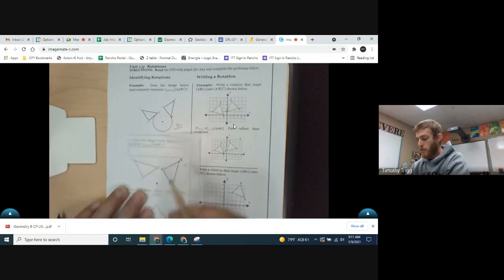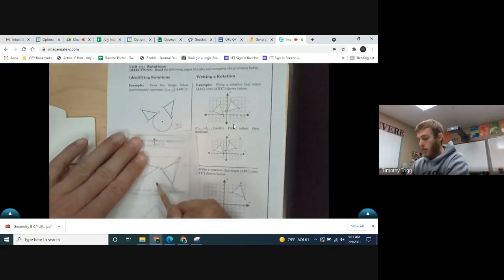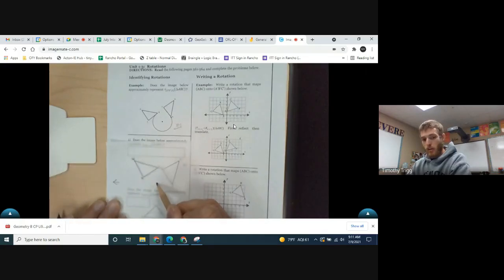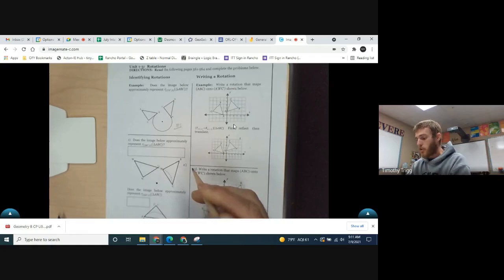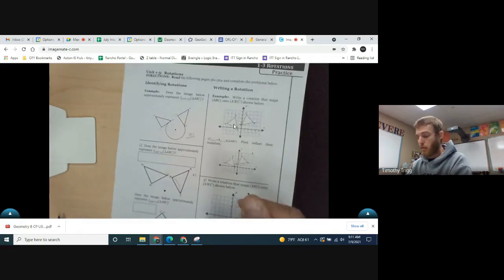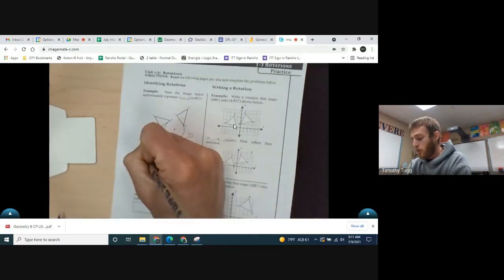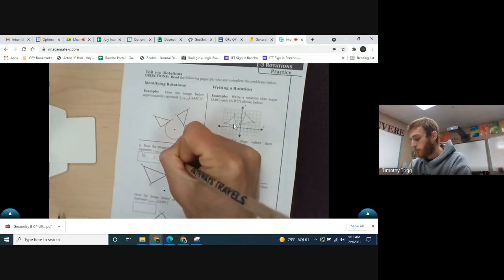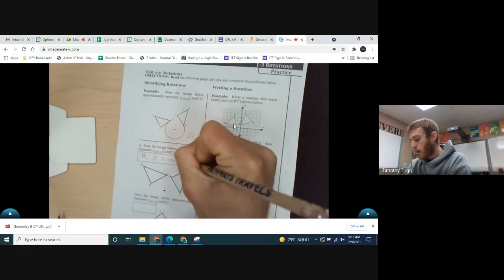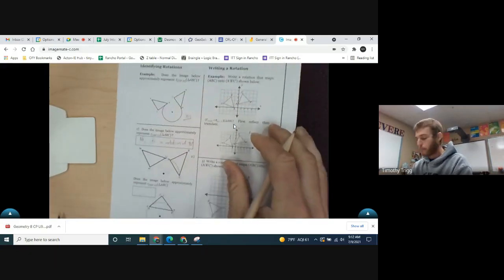If I put an arrow at the top, I only rotate it once, now it's pointing to the left. So I only rotated one iteration, so that was only a 90-degree rotation. So does the image below approximately represent a rotation of 180? We would say no. It's a rotation of 90 degrees.